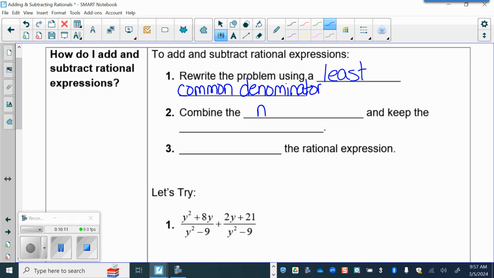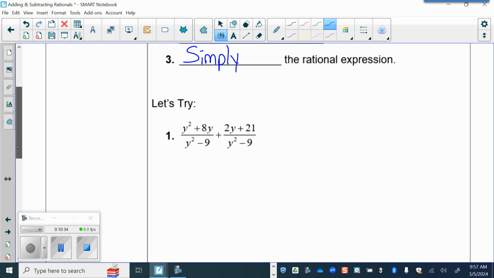You combine the numerators and you keep the denominator. Finally, you have to simplify the rational expression. Now, a lot of times addition and subtraction problems do not simplify, but you always have to check. Simplify. Wow, I did not spell simplify right, did I? There we go.